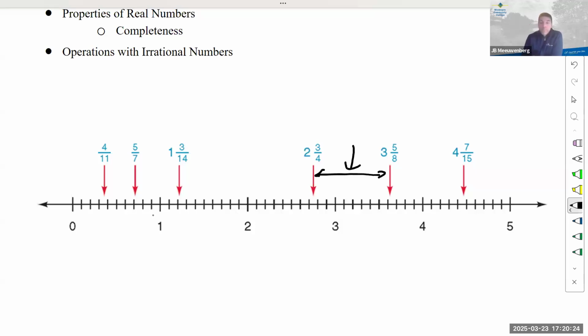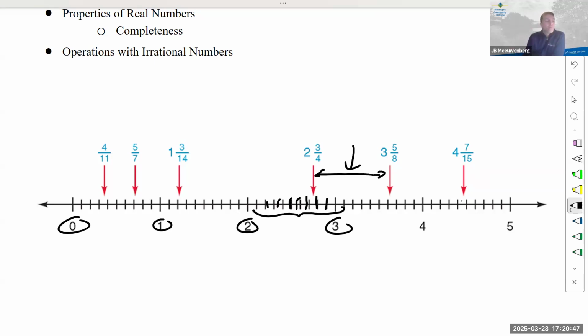Because if we just look at whole numbers, we're talking about these. Once we introduce rational numbers and decimals and fractions, then we can talk about all these intermediate ones. And we just talked about how between any two rational numbers, there's always another one. Again, so it seems like it's full.